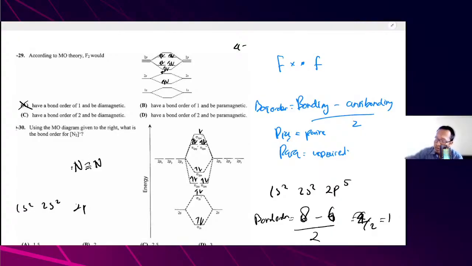N is what? N is 7. The total will be 13 electrons.